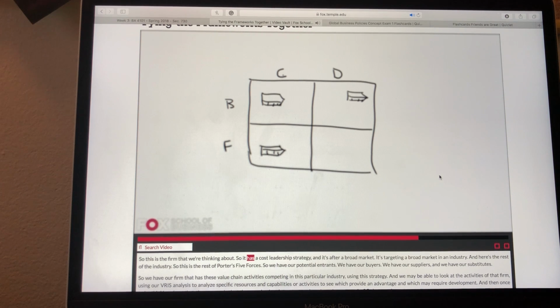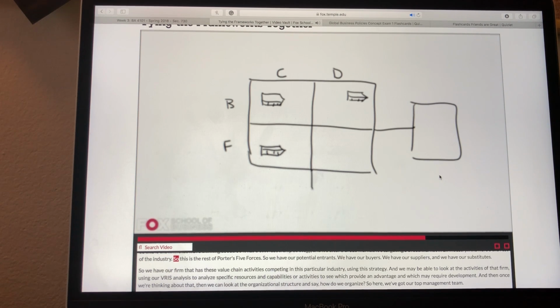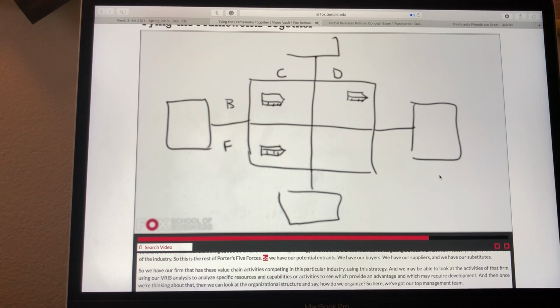It has a cost leadership strategy, and it's targeting a broad market in an industry. And here's the rest of the industry. So this is the rest of Porter's 5 forces. We have our potential entrants, our buyers, our suppliers, and our substitutes.